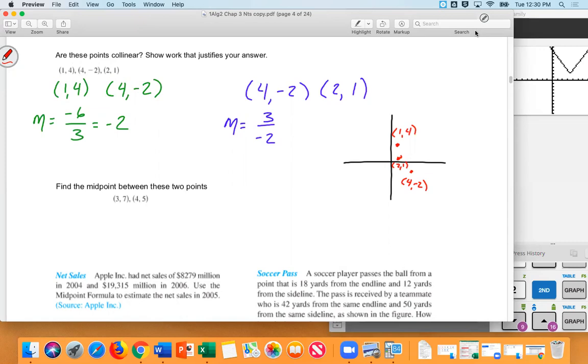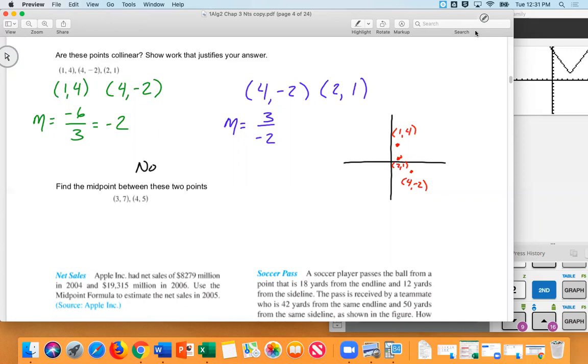To me, if I'm doing a graph, I can kind of see pretty quickly. And you want to know what's nice? If you have graph paper. How many of you have graph paper on you? If you do, this problem's even easier. You can draw up a quick coordinate plane and plot it out. So no, they're not on the same line.